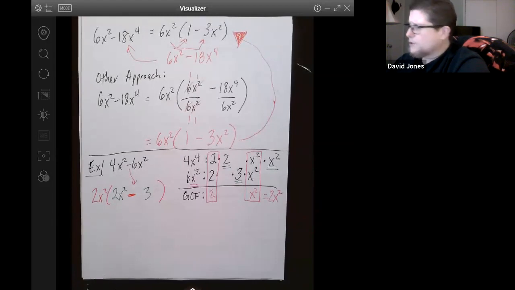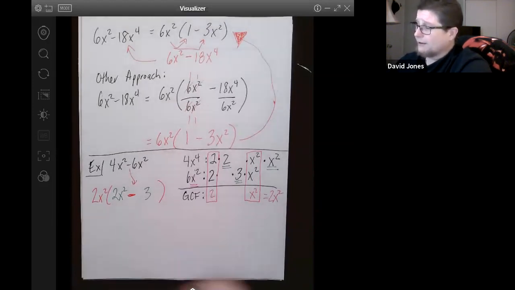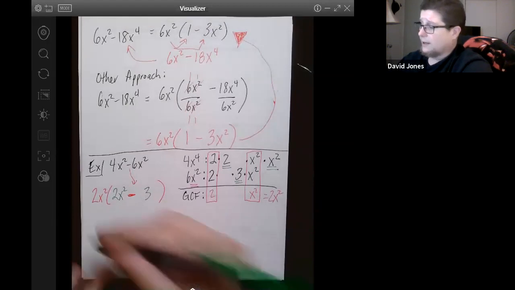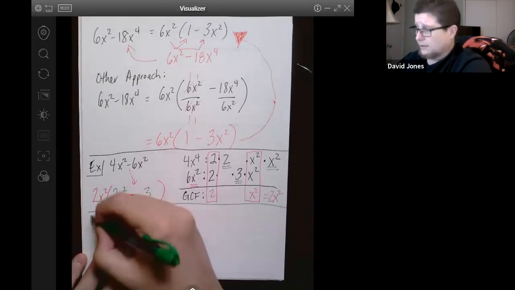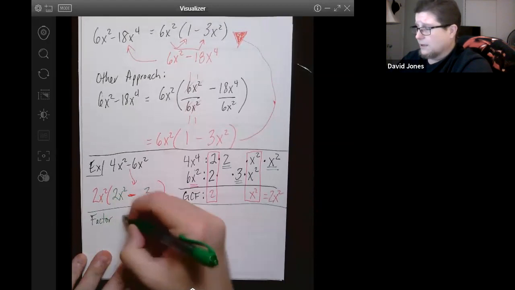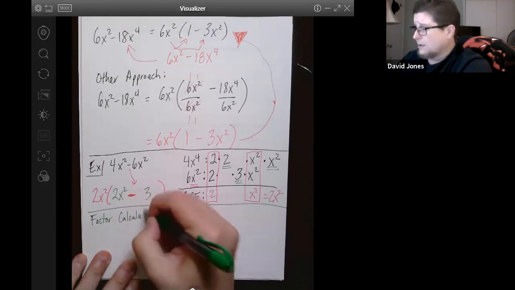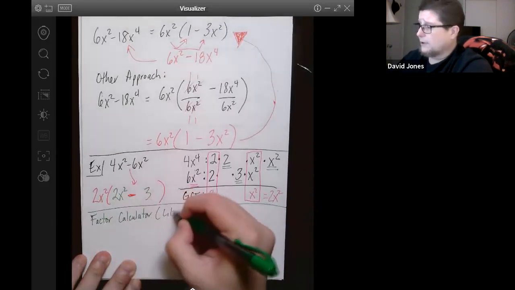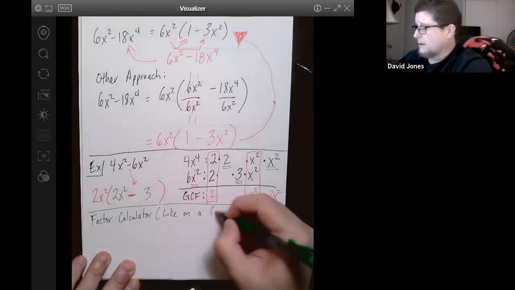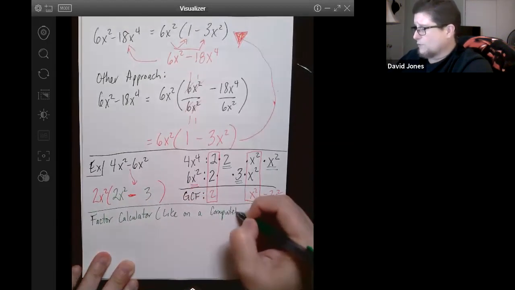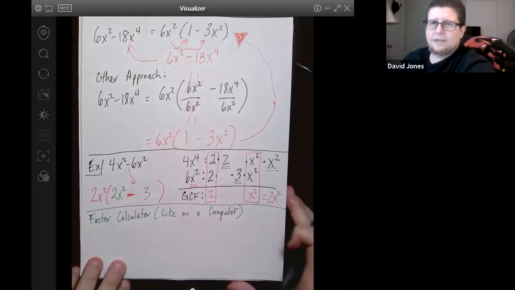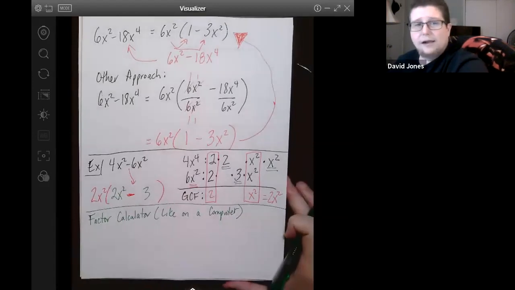If you're throwing it on a computer to speed it up, you shouldn't. But like on a factor calculator on a computer, let's face it, when you get into calculus, sometimes it just is much faster to throw it into a calculator.